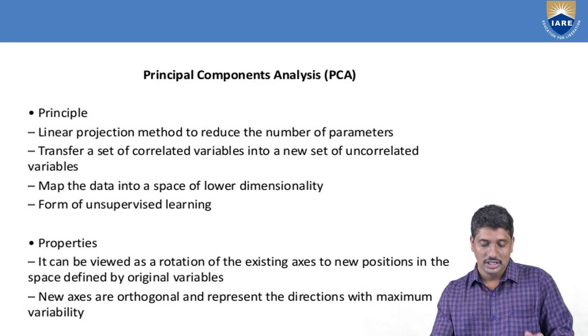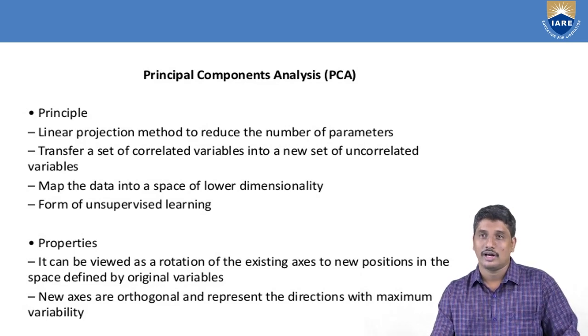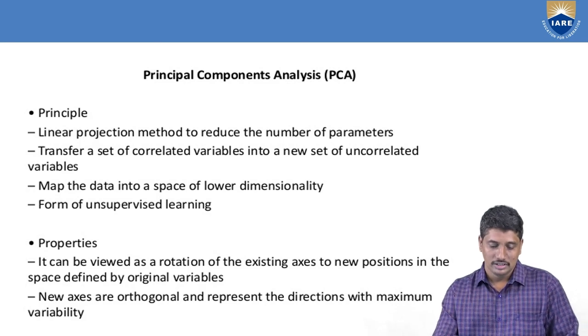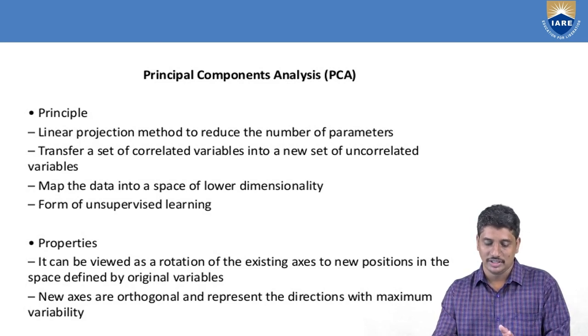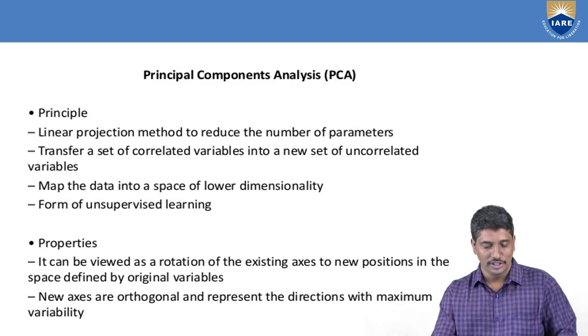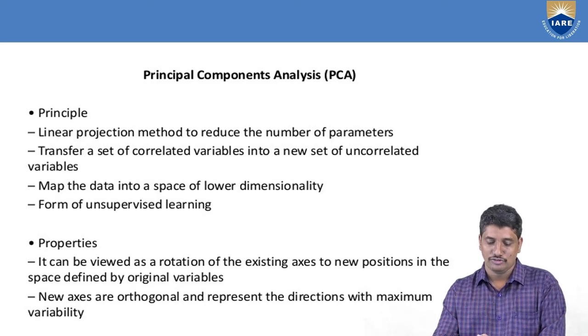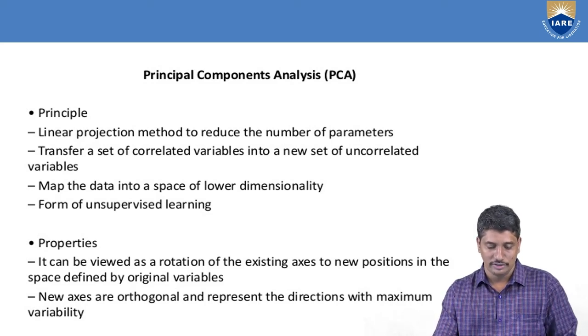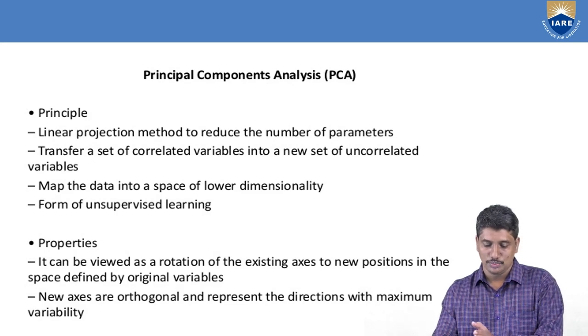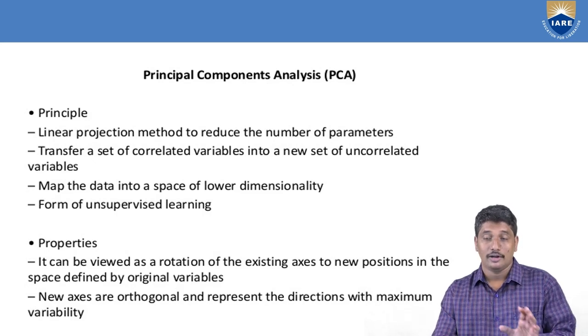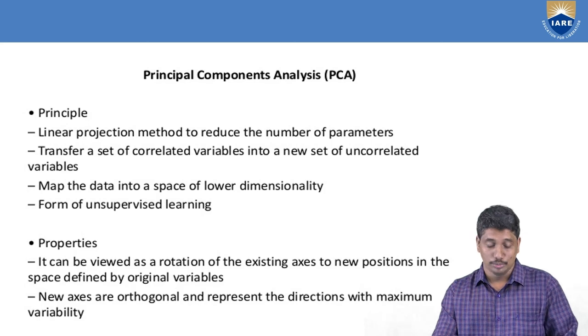So with this, I would like to conclude principal component analysis with a small summary. This is nothing but a projection method to reduce the number of variables and to transform a set of correlated values into a new set of uncorrelated values, mapping the data into a space of lower dimensionality, and it is a form of unsupervised learning.